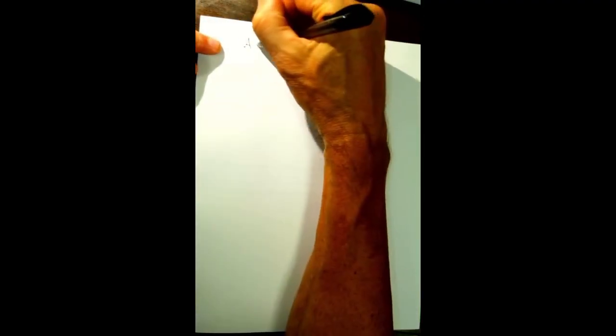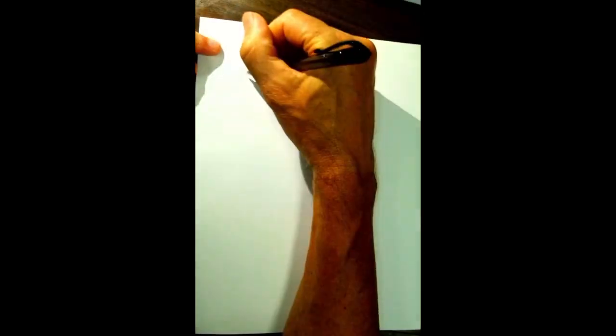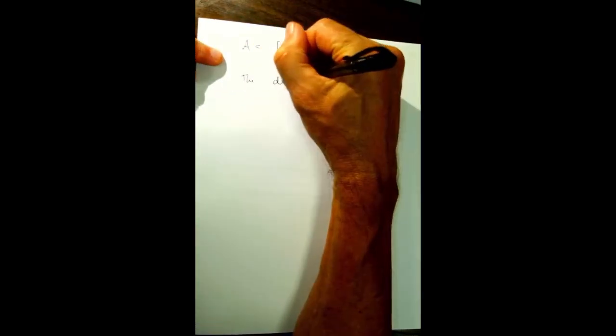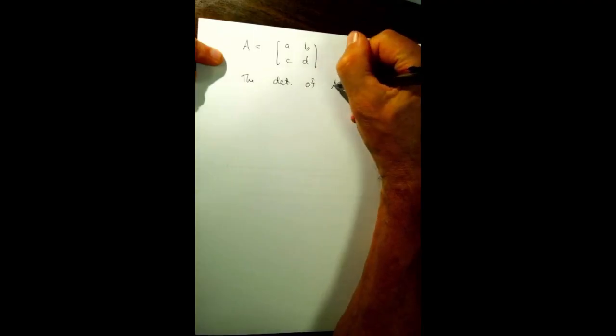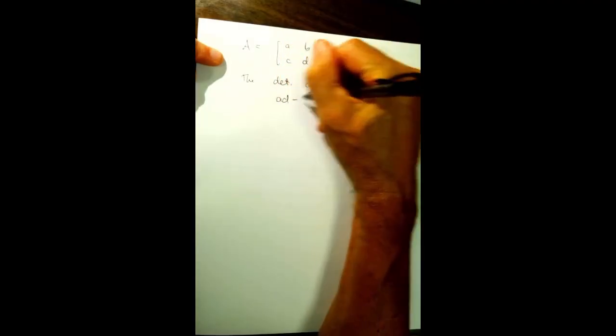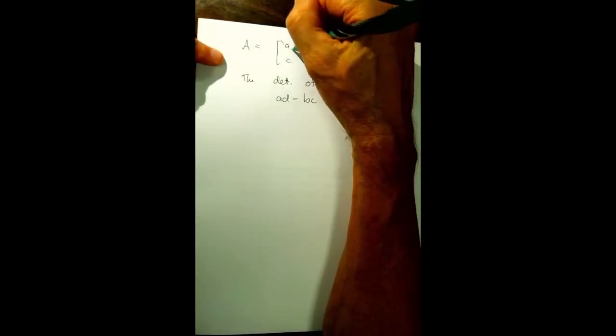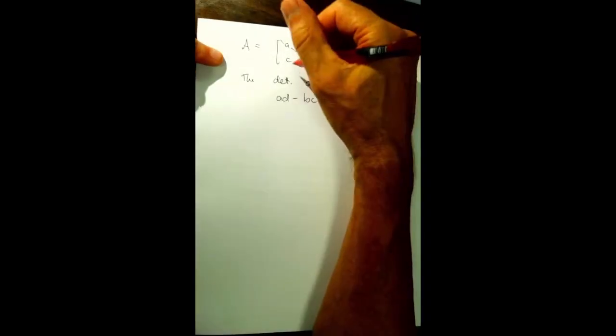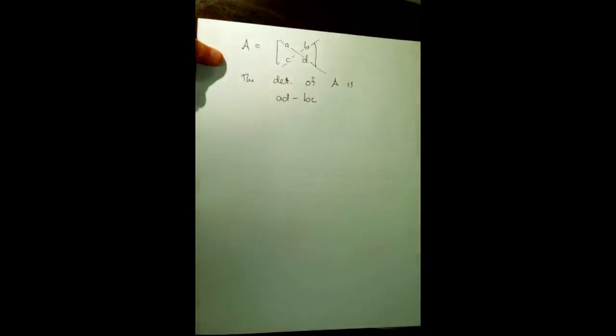So if I have a matrix A, first row is A B, second row is C D, the determinant of A is AD minus BC. And you can think of this as I'm going to multiply the diagonals going that way, and then I'm going to subtract multiplying going that way.